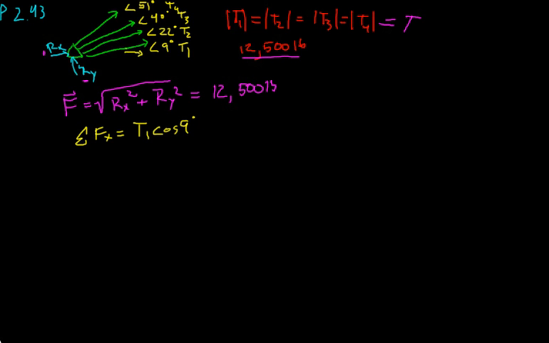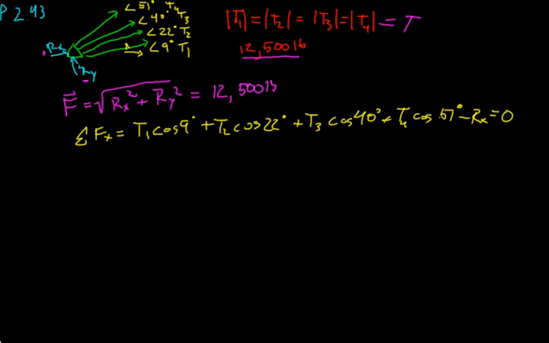This is broken up into 2 vectors, X and Y, plus T2 cosine 22 degrees plus T3 cosine 40 degrees plus T4 cosine 51 degrees, minus Rx has to be equal to 0 because we're dealing with statics. Remember that.